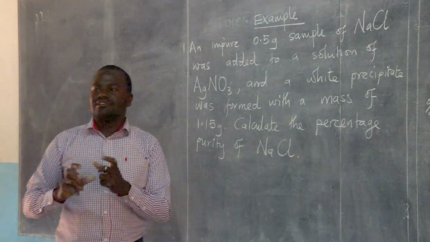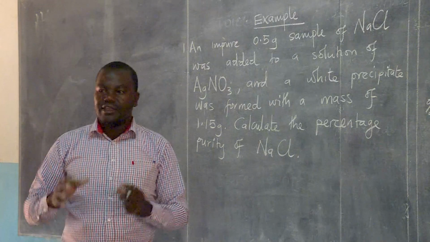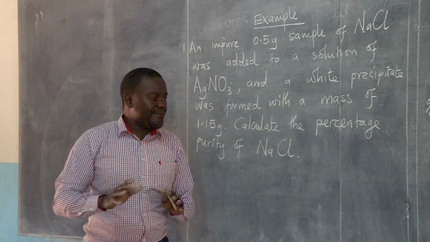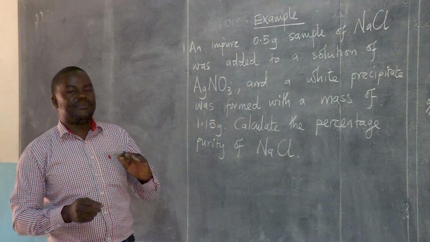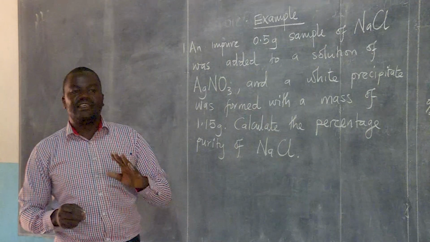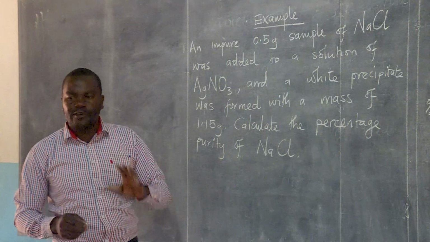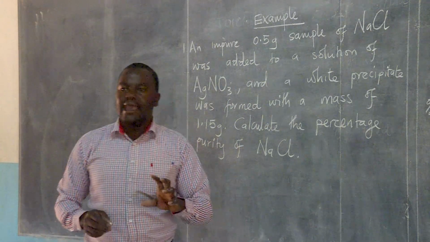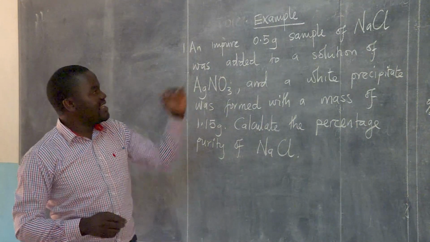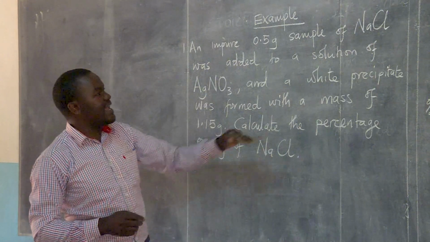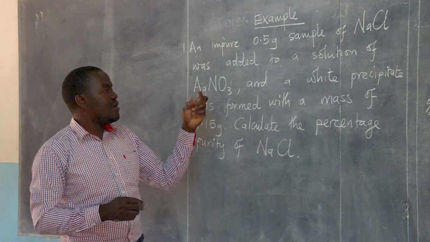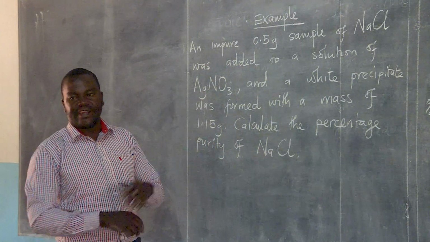Now, when it comes to stoichiometry, you are working out problems based on chemical equations. If you want to find the percentage purity, the first thing you must do is formulate a balanced chemical equation. So in this case, sodium chloride was added to a solution of silver nitrate.